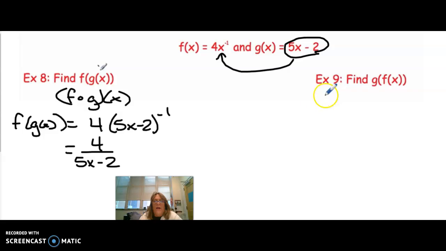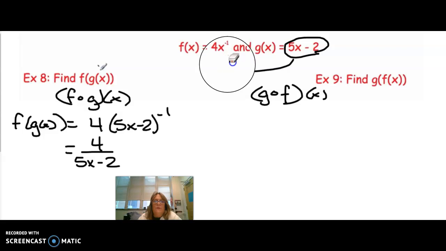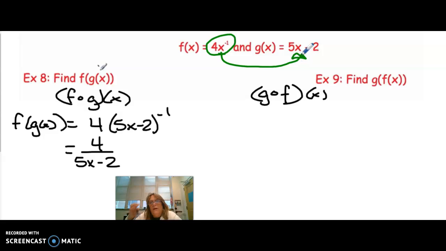Now, if we switch it around, we have g of f of x. And that's what we have over here in example 9. So this time, it's asking us to take this, and everywhere that we have an x in our g equation, we're going to plug in 4x to the negative 1 power.